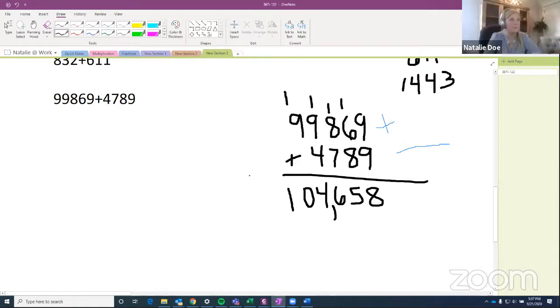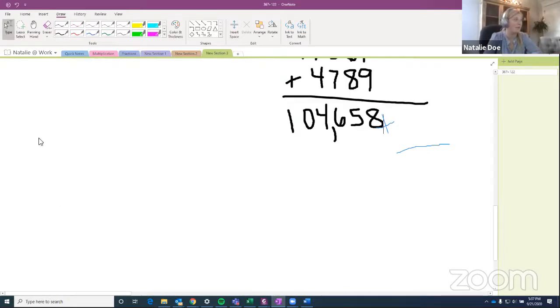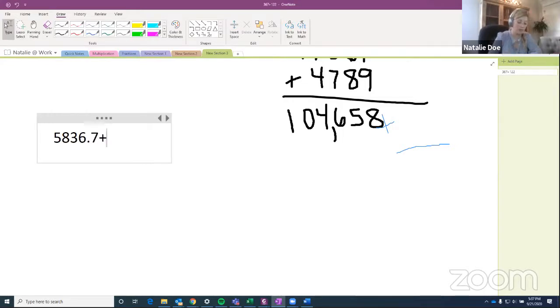All right. So let's see here. Why don't we do a couple, mixing it up a little bit with some big numbers with decimals. We're combining both of these. So let's add 5,836.7 plus 168.6.